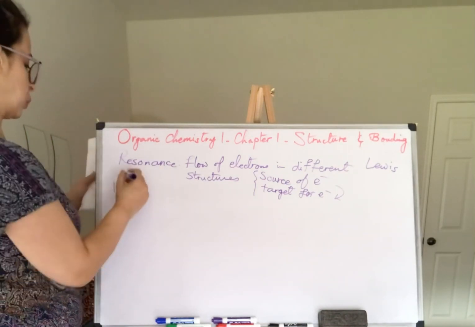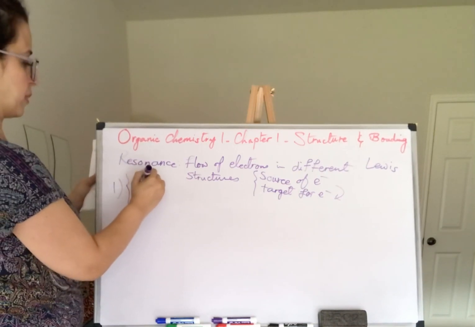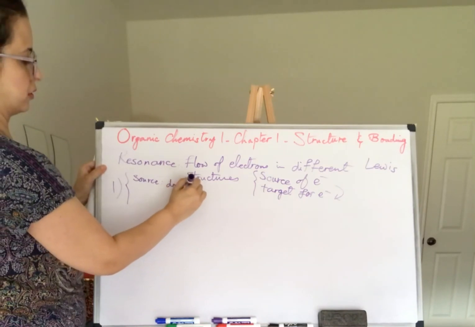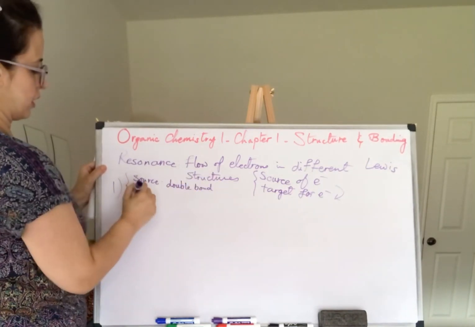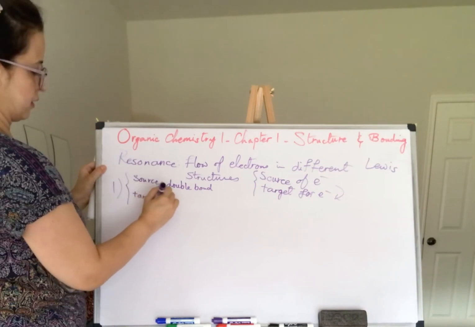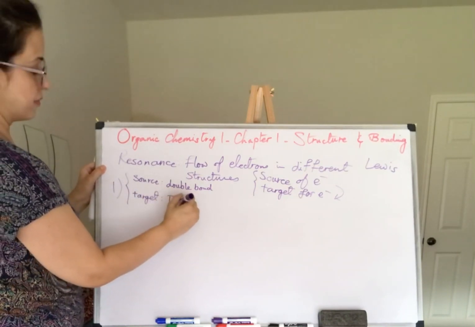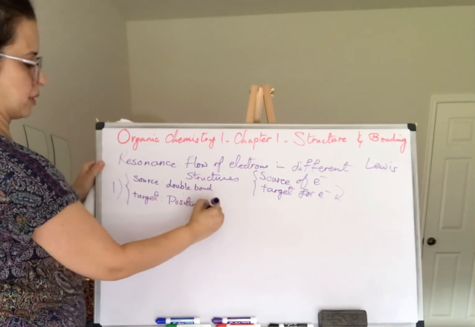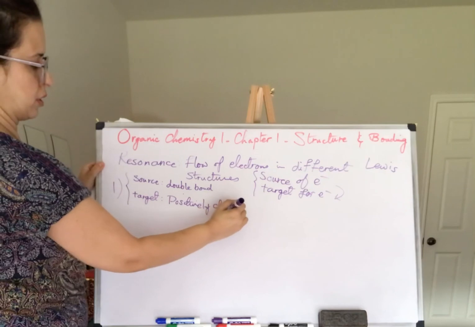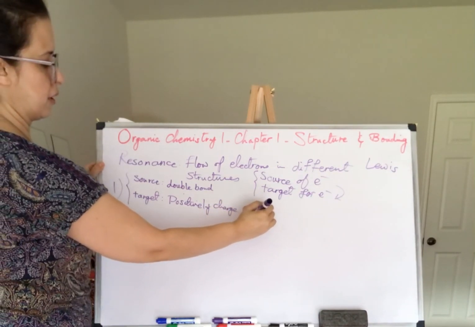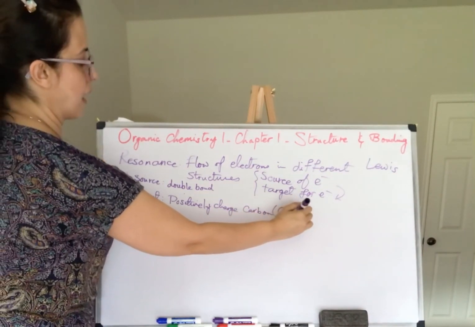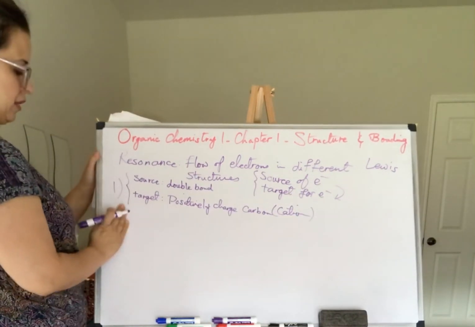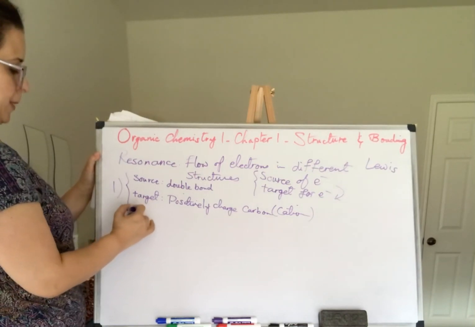The first one is when the source is a double bond and the target is a positively charged carbon, or what we call a cation. We have the example here.